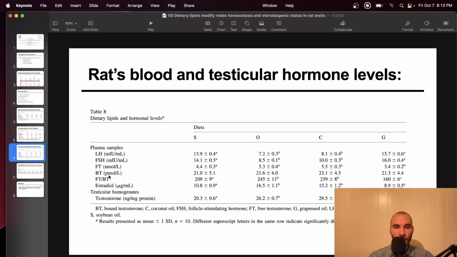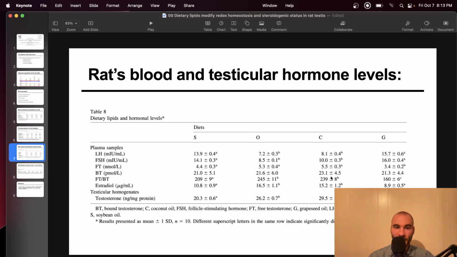So now what we're going to look at is the free testosterone and bound testosterone. And this is in the serum or in the plasma. In the olive oil and coconut oil groups, the free testosterone is significantly higher than both the soybean oil and the grapeseed oil, and the bound testosterone is significantly higher in the coconut oil and the olive oil groups than the soybean oil and the grapeseed oil groups.